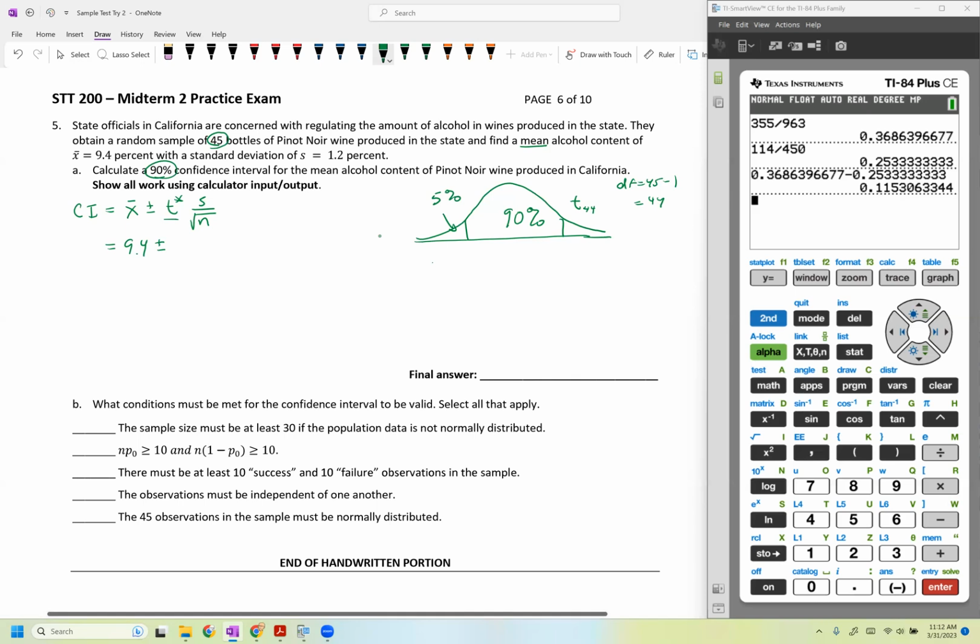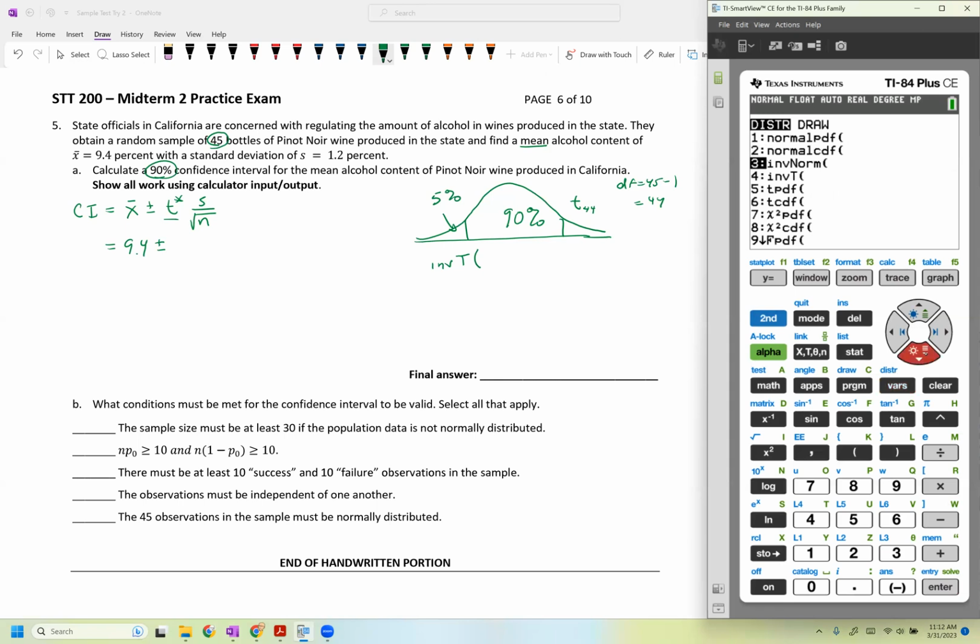So we're going to use the inverse T function, which is under the distributions menu. And we're going to say, what does it take to have an area of 5% while the degrees of freedom is 44?